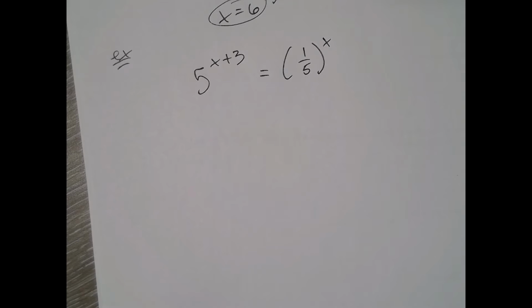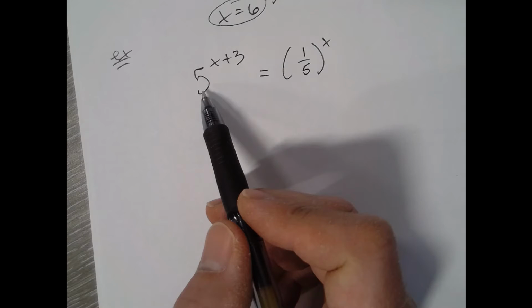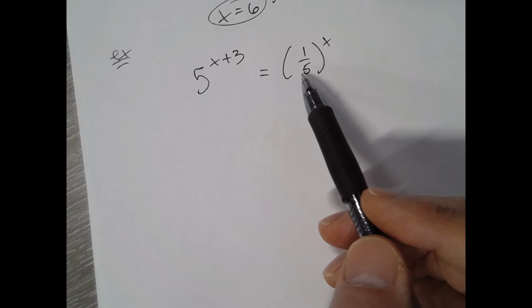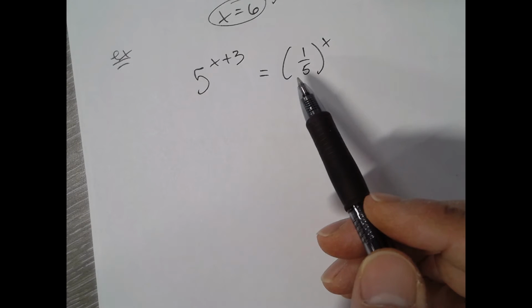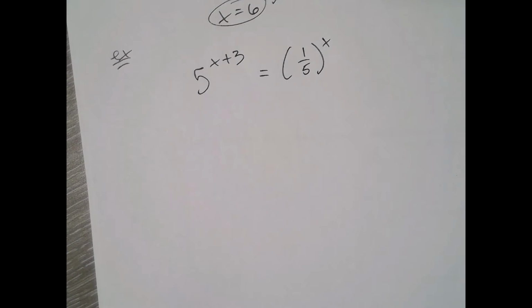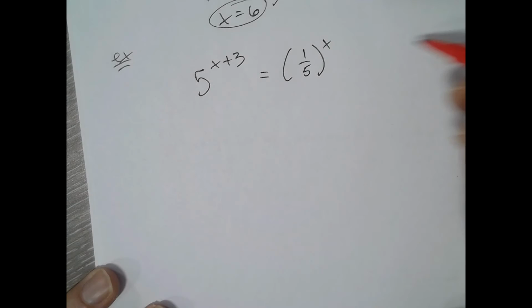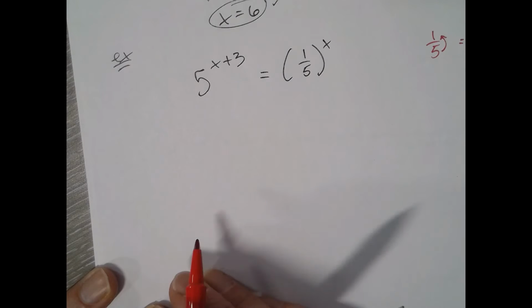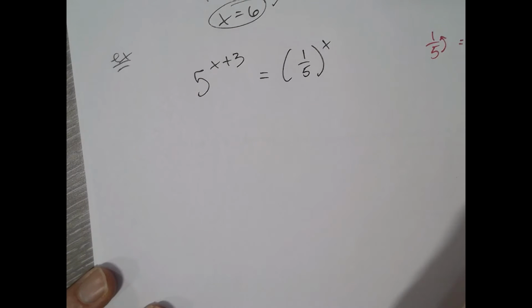Well, this is 5 already. Can I write 1/5 with a base of 5? Well, the 5's on the bottom, so if I move that 5 to the top, that becomes 5 to the negative 1. So 1/5 is 5 to the negative 1.